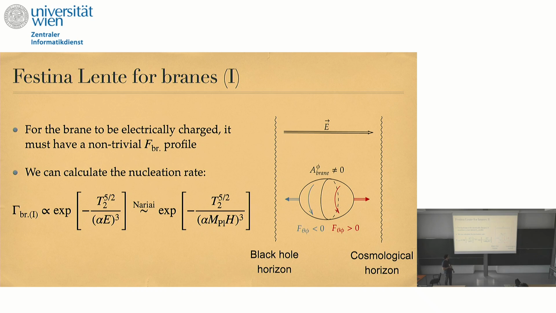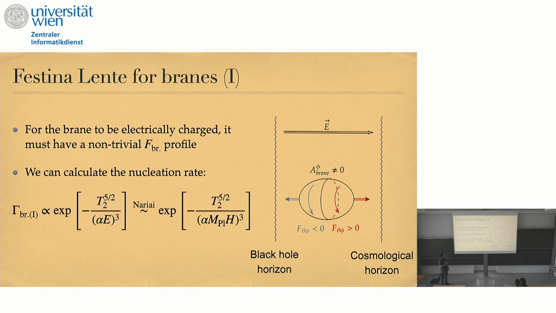It turns out there's a solution where the top half, the northern hemisphere of the brane, has a positive charge, and the southern hemisphere has a negative charge, and so somehow it mimics the pair production of e plus e minus, particle-antiparticle pairs. You can compute the production rate for these branes, and you get an exponential that is very similar to the exponential that we saw before.